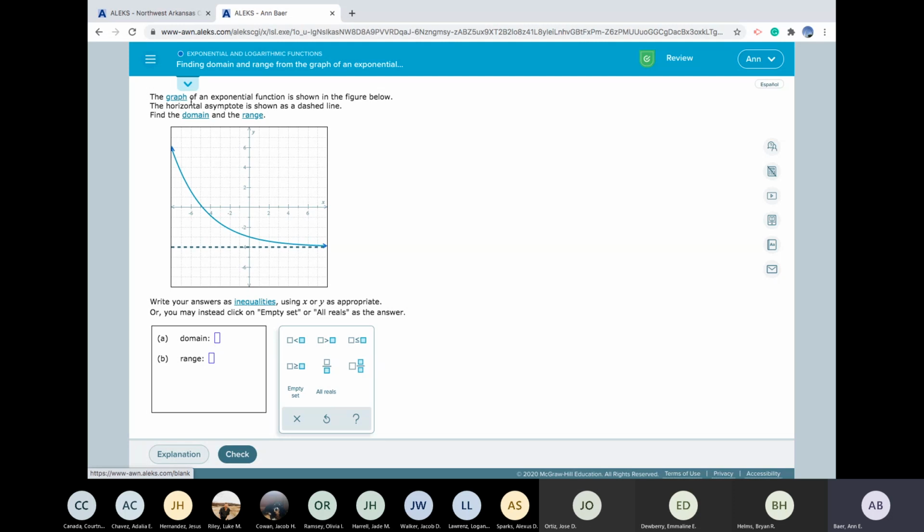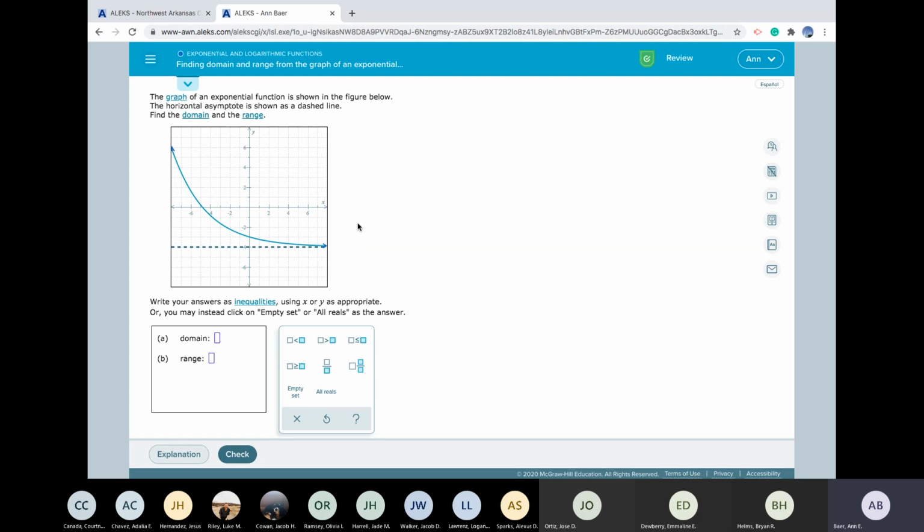So I will point that out more as we go along. Anyway, we've got this graph of an exponential function. They have this characteristic shape where they go down really fast and then level off, or go up really slowly and then at the end shoot up really fast. The horizontal asymptote is shown as a dashed line. So this dashed line is what we call an asymptote. It is not part of the graph. This is the graph.